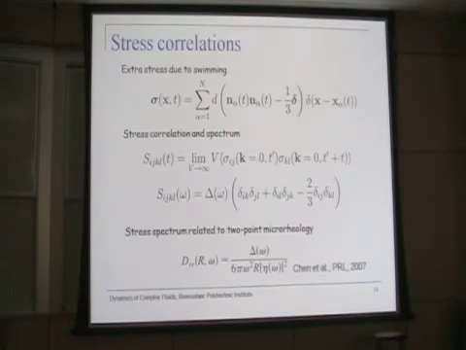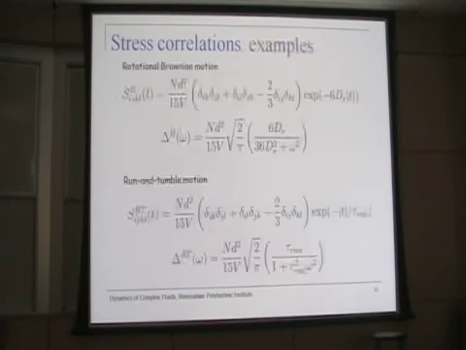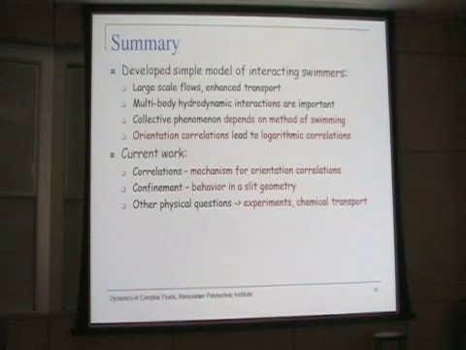I'll skip the stress correlations, other than to say that in our theory we see a Lorentzian as a function of frequency. At high frequency it goes like 1 over omega squared, whereas experimentally it goes like omega to the minus 1/2, and I don't know why that is. So I'll leave you with that and try to take any questions.